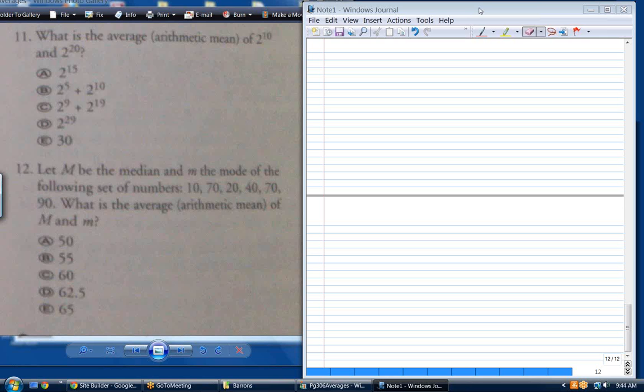Okay, so what is the arithmetic mean of 2 to the 10th and 2 to the 20th? Add the exponents. No? What's the expression that I would write? I would do 2 to the 10th plus 2 to the 20th divided by 2.